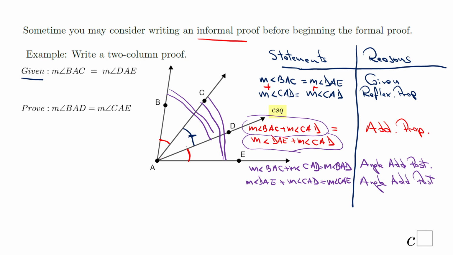Okay, so now we have to do one more thing, the last thing. We're gonna take this guy and replace it here. And I'm gonna take this guy and replace it in this expression here. So what do we get if we replace them? We get measure of angle BAD equals the measure of angle CAE.